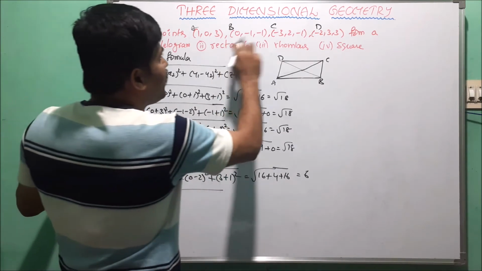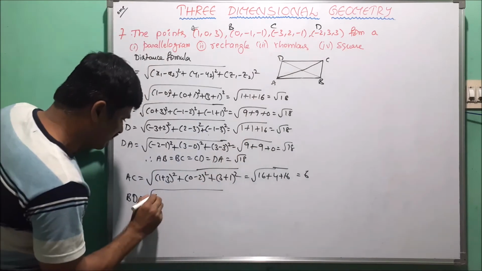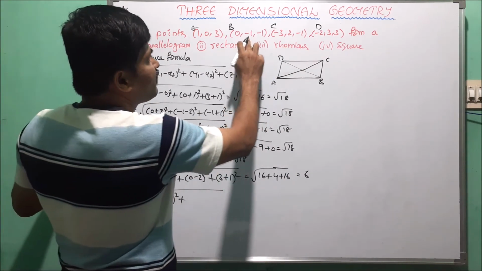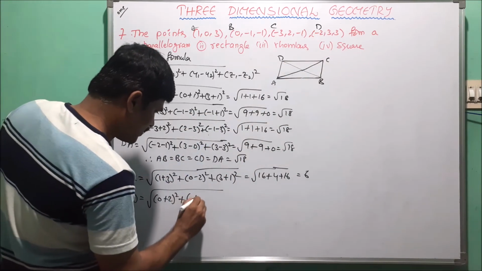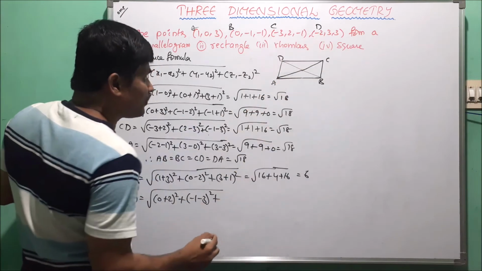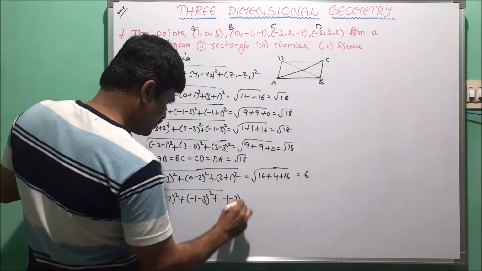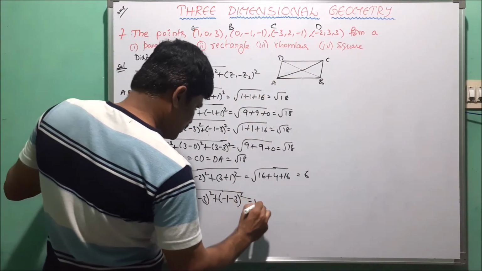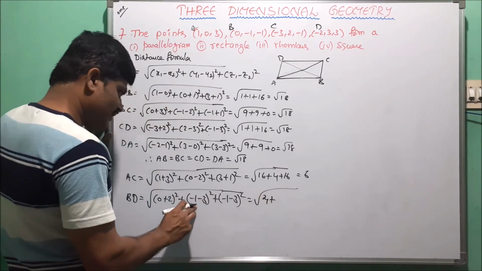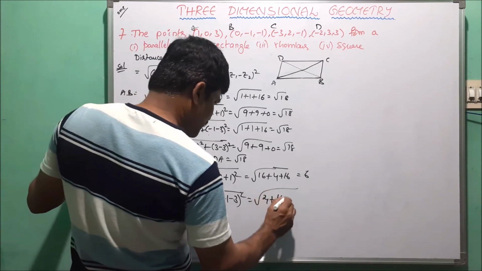Similarly to find BD also. Here we take BD. 0 minus of minus 2 plus 2, 0 plus 2 whole square, plus minus 1 minus 3 whole square. In that we have to write 2 square means 4, plus 4 square 16.